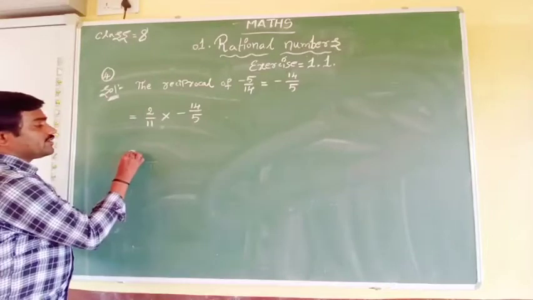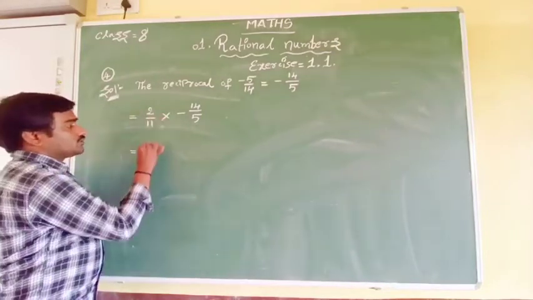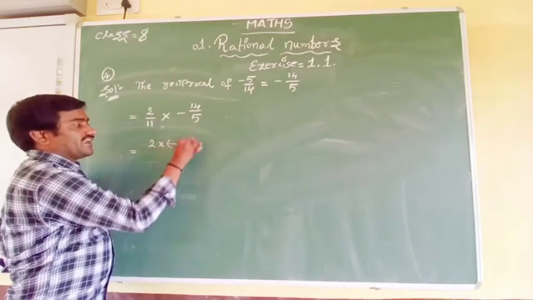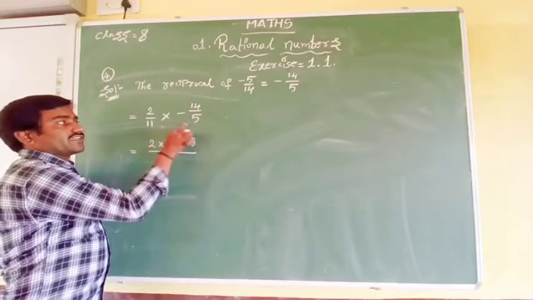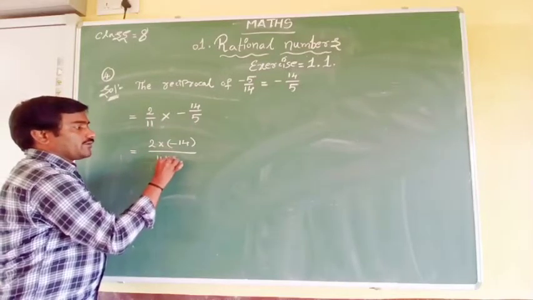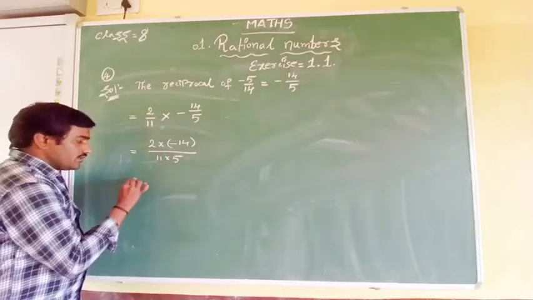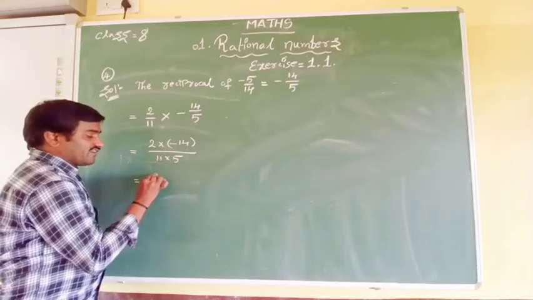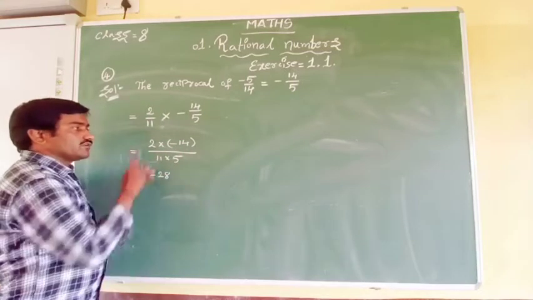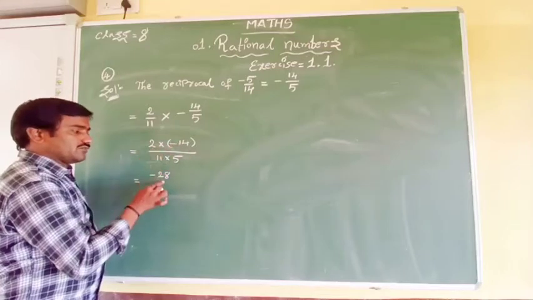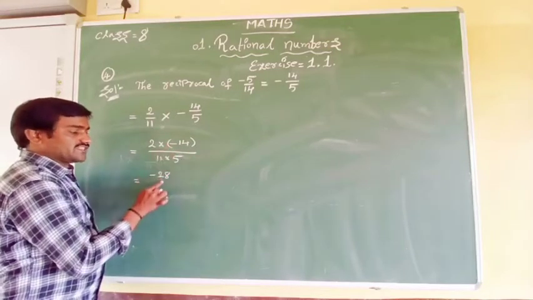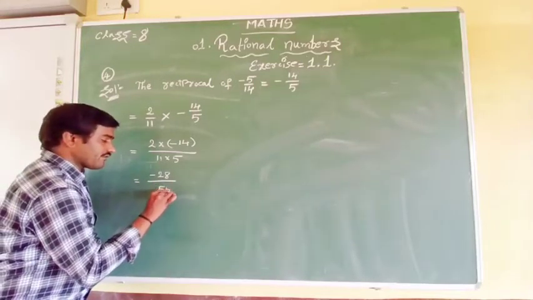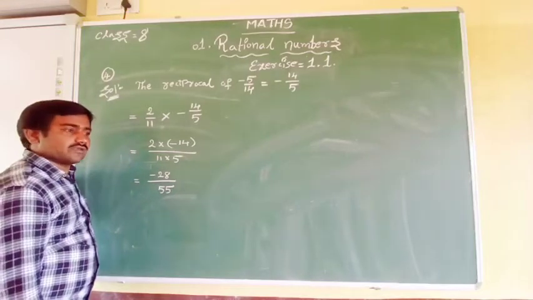First, let us multiply the numerators: 2 into minus 14 gives minus 28, by the product of denominators 11 into 5, which is 55.